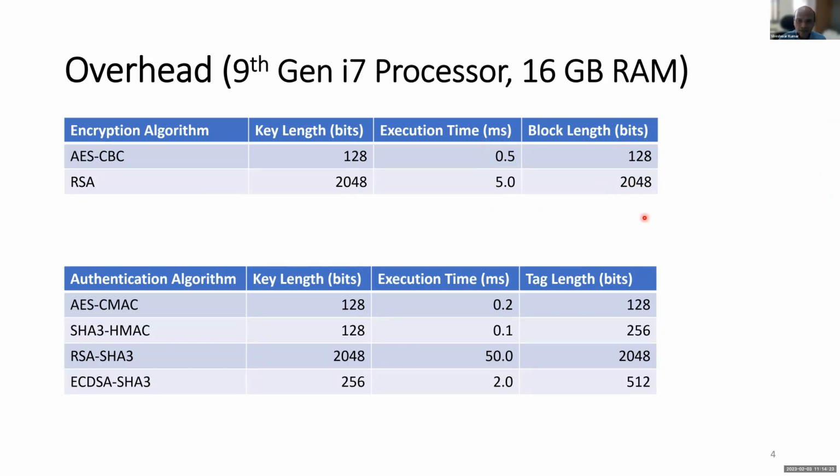They are of course more than a few bytes. Now for the authentication algorithms or integrity providing algorithms, if you look into CMAC, cipher-based MAC, or HMAC, hash-based MAC, you see they are still sub-millisecond, below 1 millisecond.